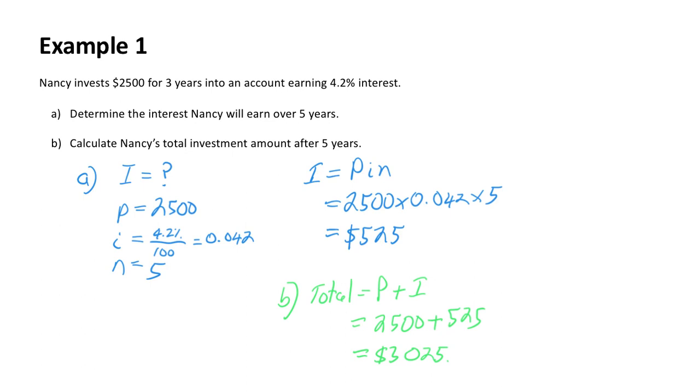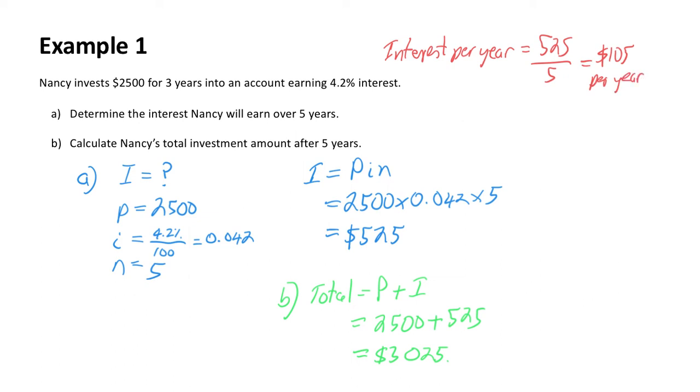As we saw in our calculation, Nancy's earned $525 interest over the 5 years, but if I want to know the interest per year, I can do that calculation based on what I know. So $525, and it was done over 5 years, is going to equal $105 per year.